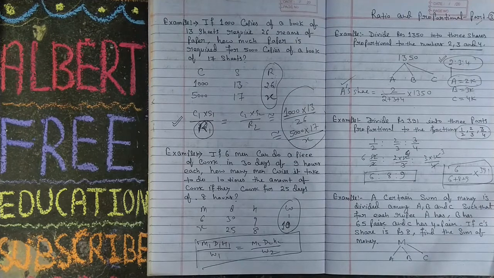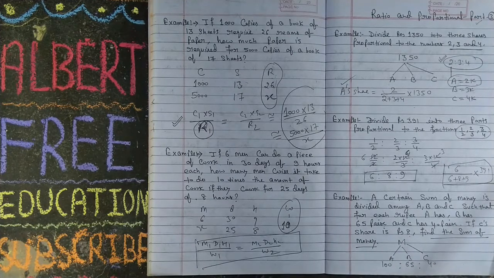A has 100 paisa for each rupee, B has 65 paisa and C has 40 paisa. This is the ratio. If C's share is 8 rupees, find the sum of money.